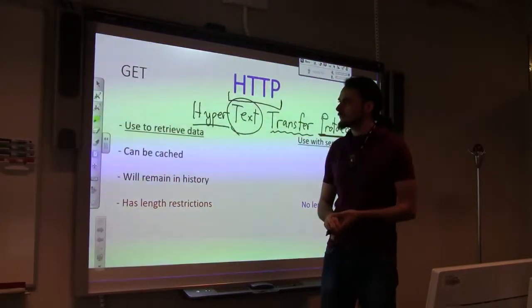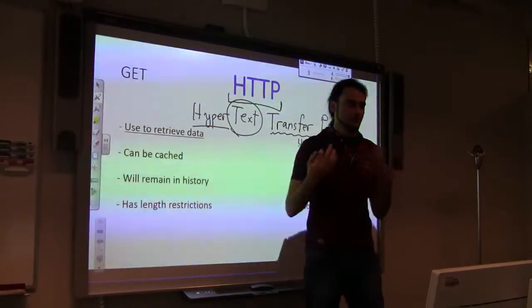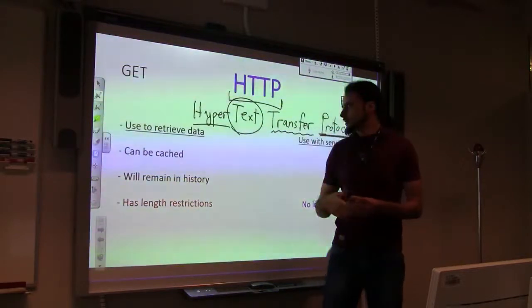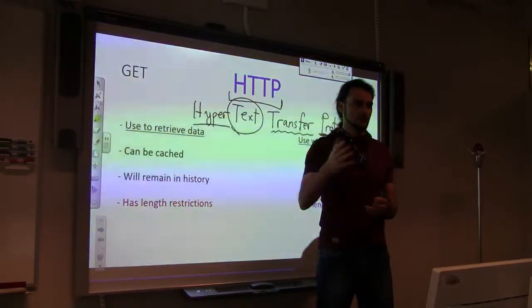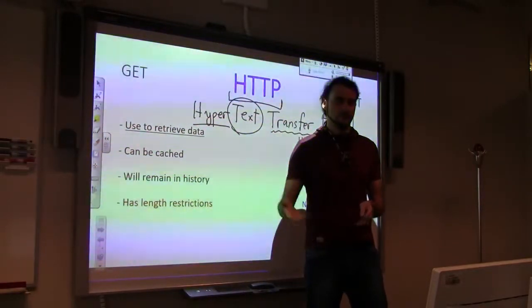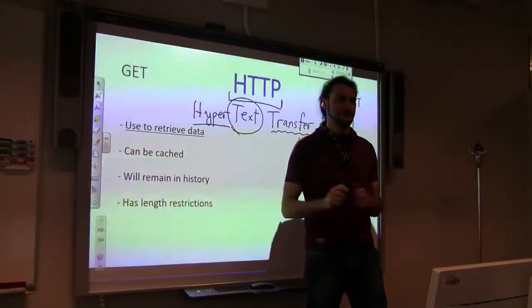But what you have to know from here is that HTTP is a protocol, it's a means of transferring text information from your computer to another computer, or from your phone to another phone, and so on. And the information will go as text.